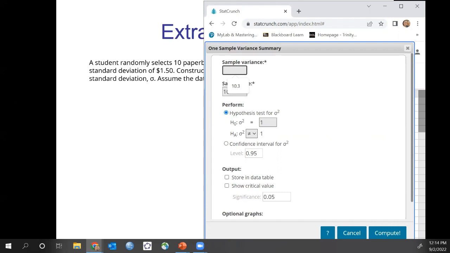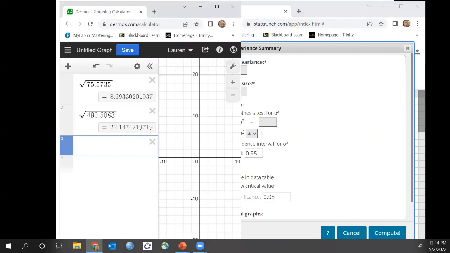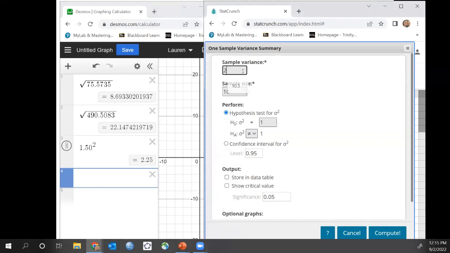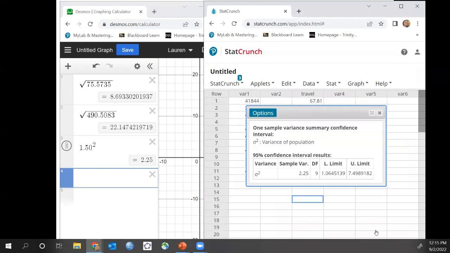If I go to my calculator quickly and I type what is $1.50 to the power 2, 2.25. Okay, so that is what I'm going to enter over here. All right, we want a confidence interval again. And we want 95%, so it's ready to go. We're going to click compute.